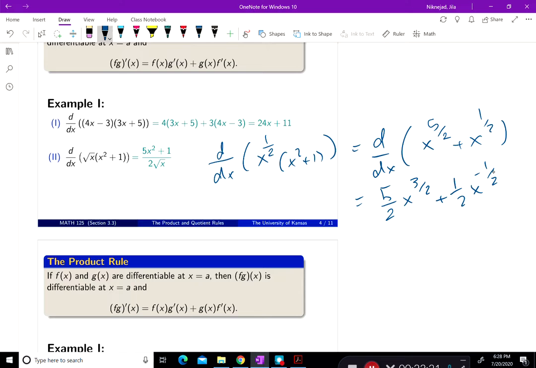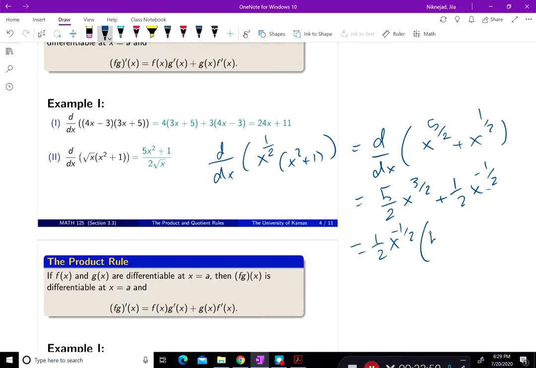Now I can use the method. It's easier to see why sometimes we use the method of factoring the lowest term. When I factor the lowest term here, it's x to the power negative 1/2, the lowest exponent between x to the power 3/2 and x to the power negative 1/2, and then I have to factor 1/2, so I get x to the power negative 1/2.